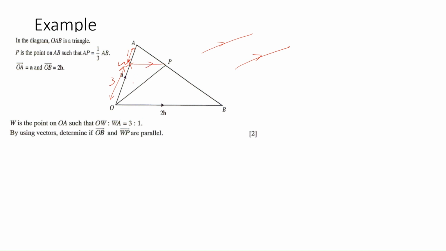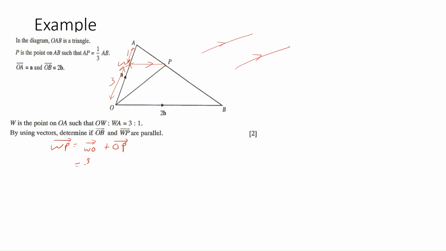Now do not judge by observation. It cannot be taken as proof. Now we have to find WP. If you want to find WP, I would need to start from W, so it's easier to use WO plus OP, since we already know OP from the first part. WO is the reverse of OW, so let's switch it to AO first.